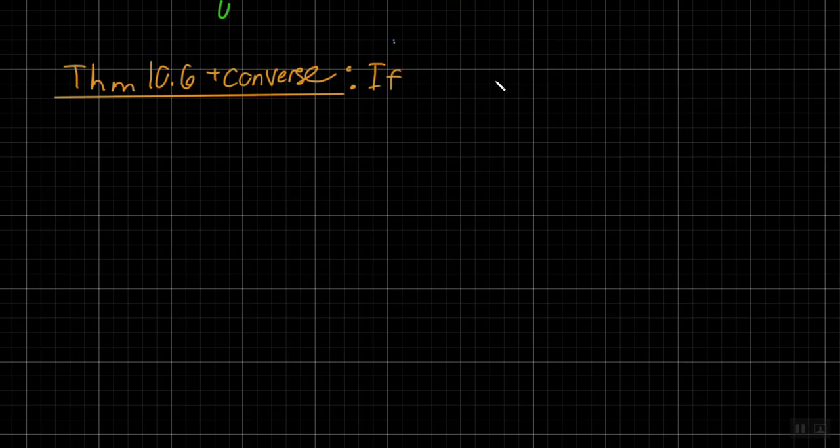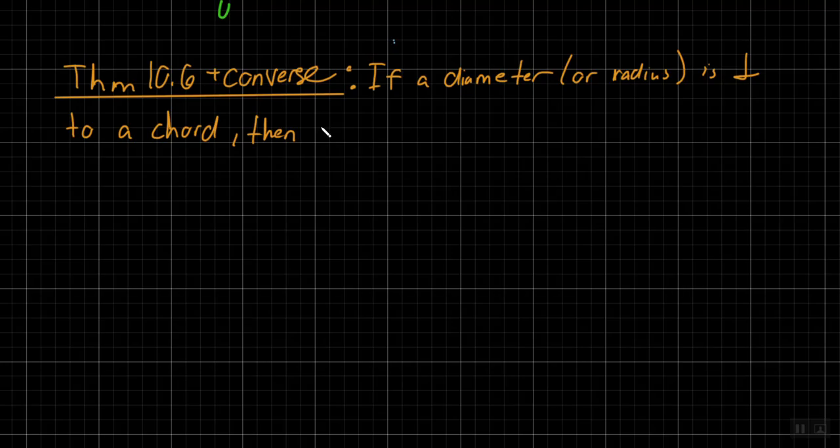So if a diameter or radius, but you're mostly going to see diameter, or radius, is perpendicular to a chord, guys, it's kind of what we just learned, is perpendicular to a chord, then it bisects the chord and arc.